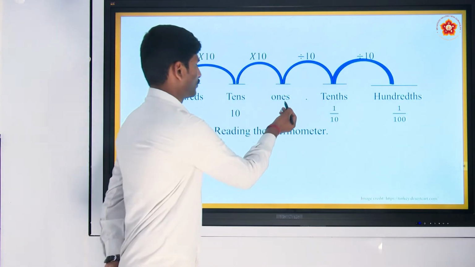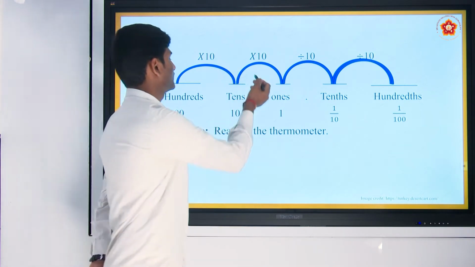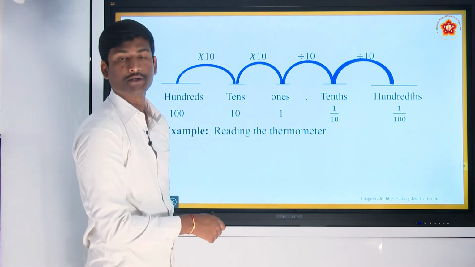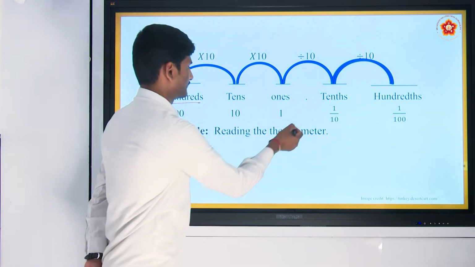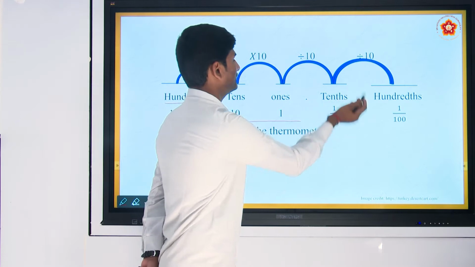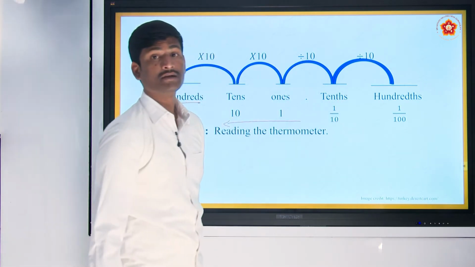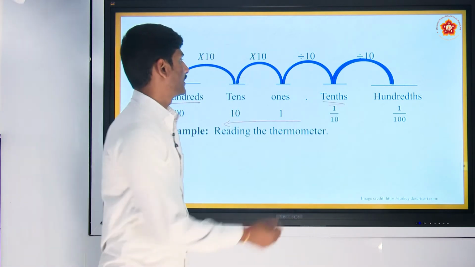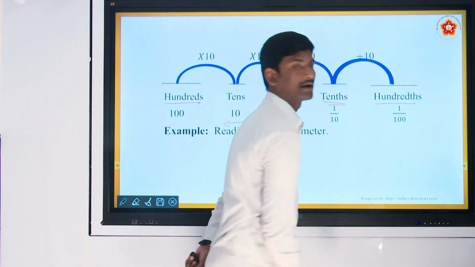Here ones multiplied by 10 gives tens, and multiplied by 10 again gives hundreds. And after the decimal point, 1 is divided by 10, that is the tenths place, 1 by 10, and divided by 10 again, that is the hundredths place, 1 by 100.